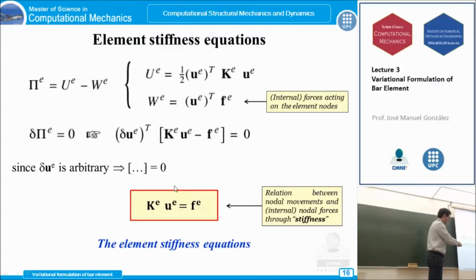So we have finally got to the equations we must solve to get the solution of the problem. This is the relation between the nodal movements and the internal forces using this stiffness matrix here, which is the same solution you got using mechanics to get the solution of a discretized problem using the direct stiffness method. So this is the direct stiffness method, but using a variational principle, and we get the same shape, the same solution for our problem.